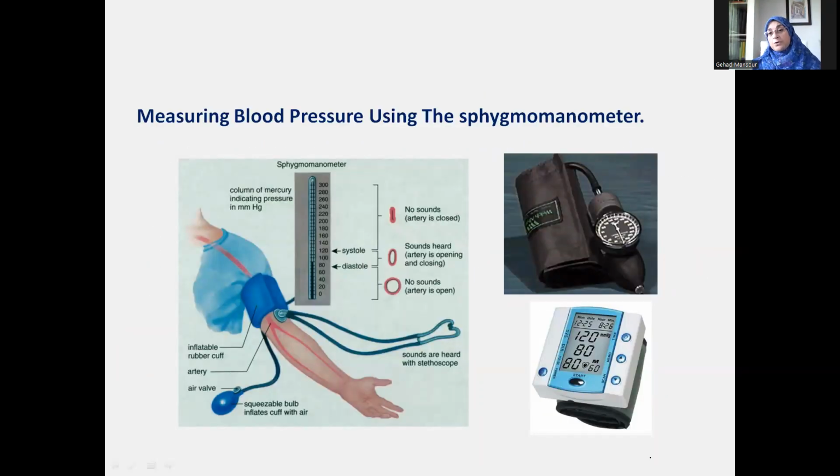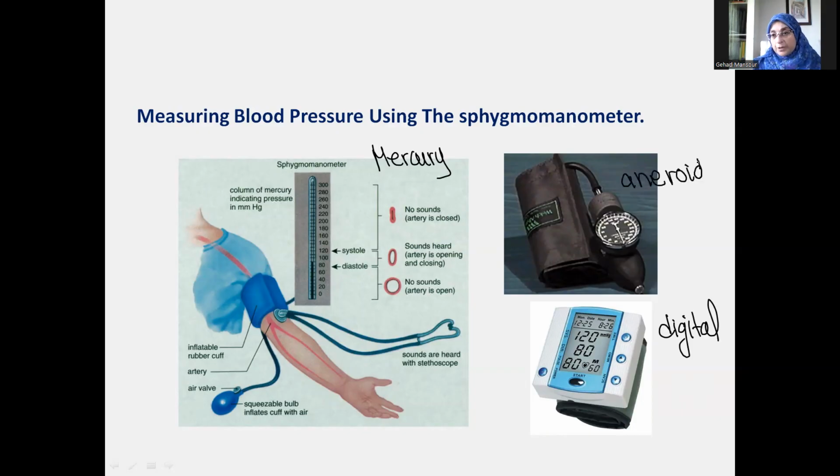And then here are the 3 types of sphygmomanometers we talked about. This one is the mercury sphygmomanometer we saw in the lab. And here is the digital sphygmomanometer that needs calibration every now and then. And here also we have the aneroid.